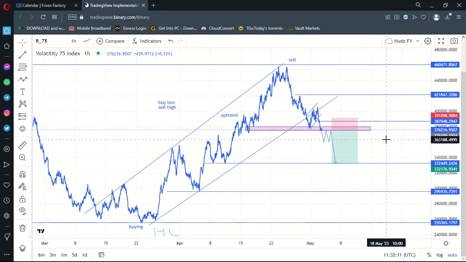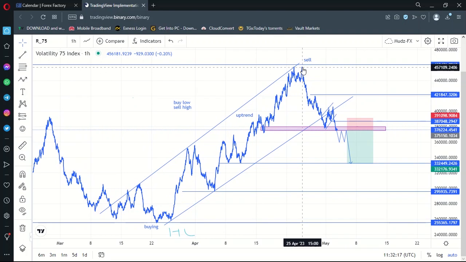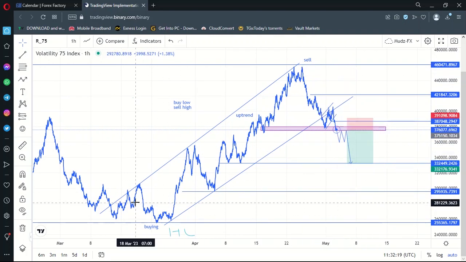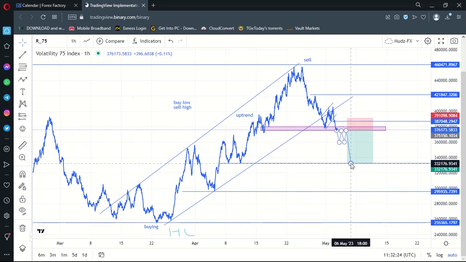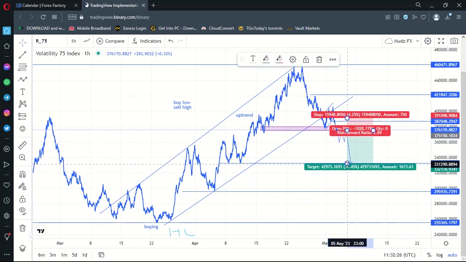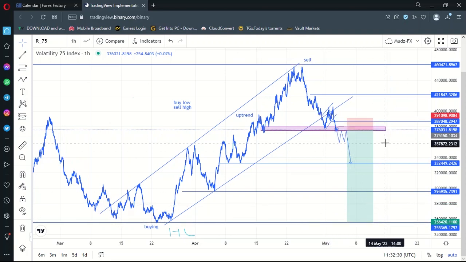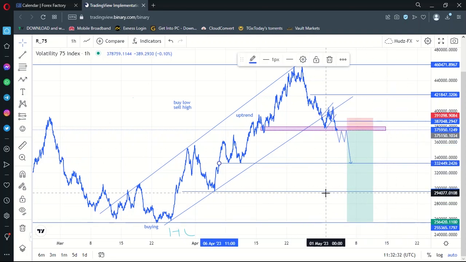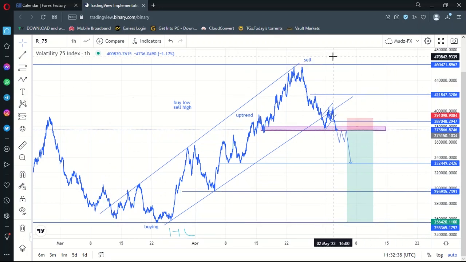But if I see that the impulse move is very strong, I might even move my take profit to that major support that we began with.